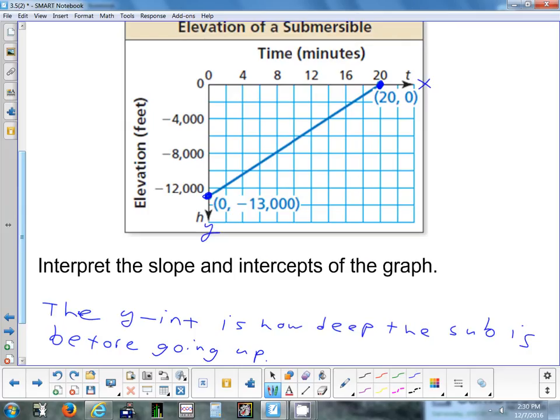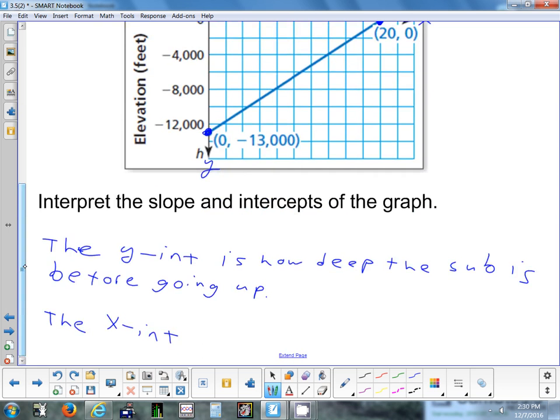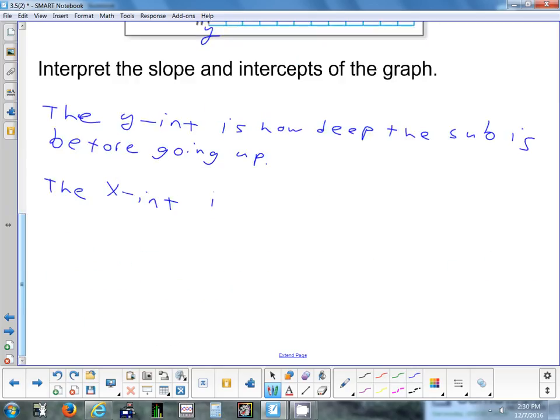What about the 20? How long it took to get to the surface. Exactly. The 20 is how many minutes it took for the submarine to get to the surface. So that's the x-intercept. Okay? It's showing how many minutes it took for the submarine to be 0 feet deep. Okay, so that's what you write for your x-intercept. So x-intercept is how long it took the sub to reach the surface.